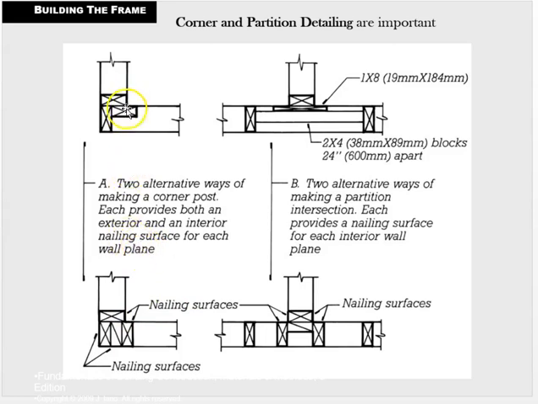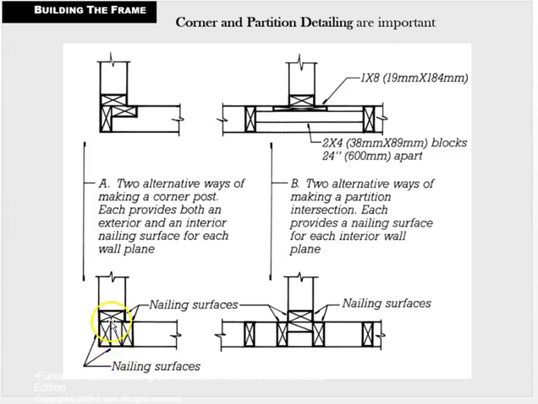So this version, let me start with this. This is the conventional version. We have full height stud in the corner, stud, and then we have blocking, intermediate blocking. So if we had an 8-foot stud here, for instance, we might have 3 blocks, one at the floor, one at the ceiling, one intermediate one. So problems with this is it's more wasteful, at least the blocking is more wasteful.